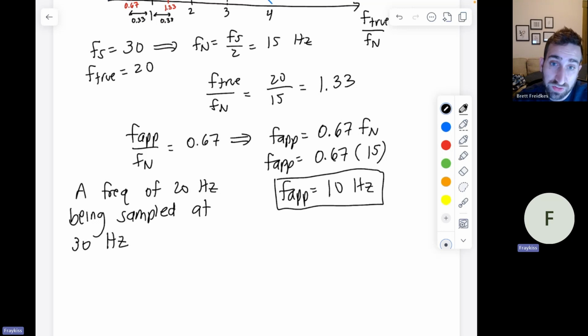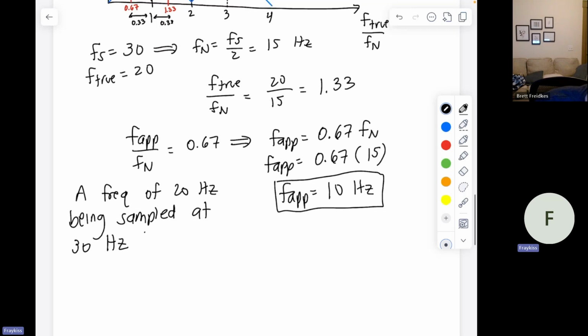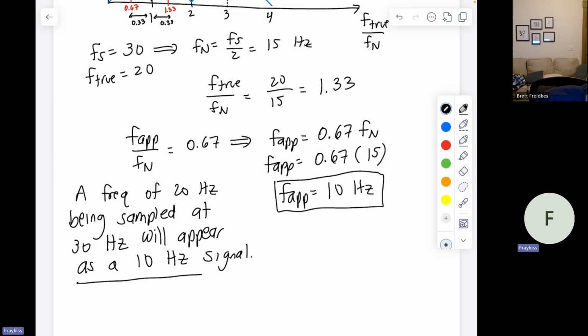We would need to sample at least 40 to not alias. But in this situation, we're not sufficient, so we're going to alias. So a frequency of 20 hertz being sampled at 30 hertz will appear as a 10 hertz signal.